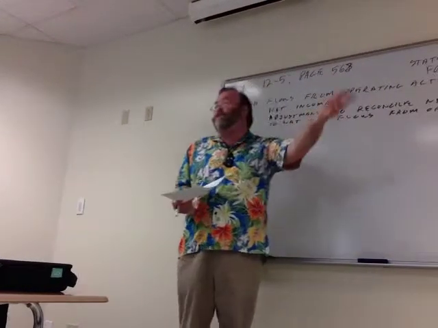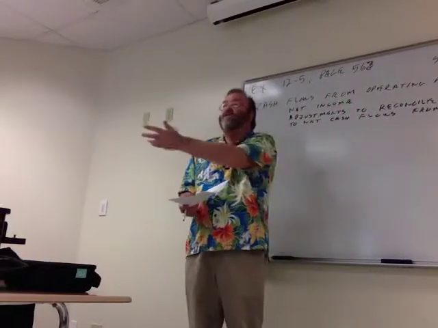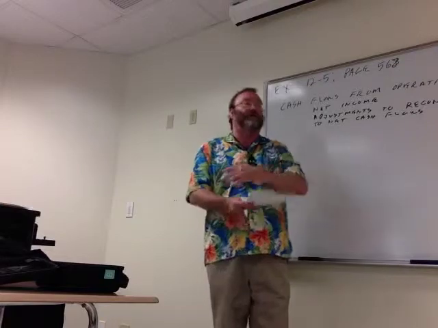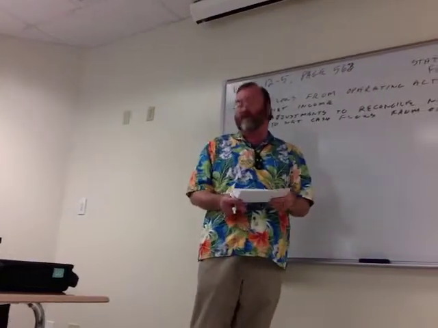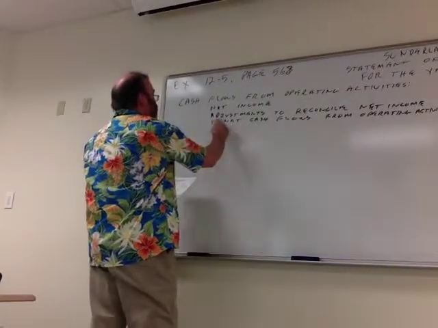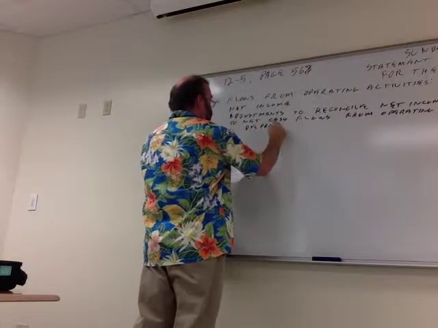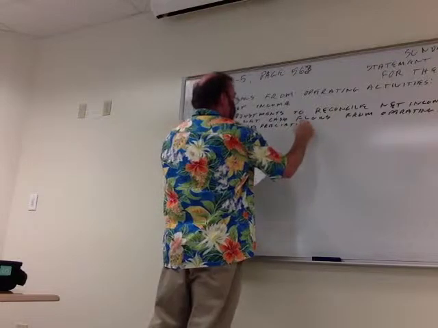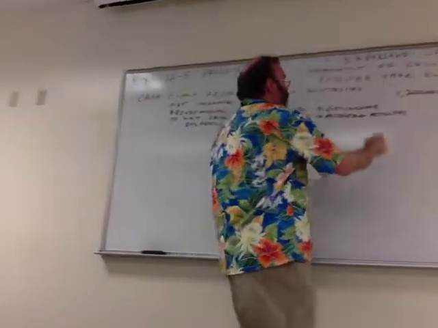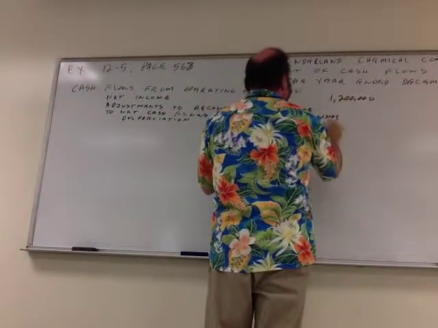The journal entry at year end or month end is just the debit to depreciation expense and the credit to accumulated depreciation. There is no cash involved. So we're going to add back depreciation, $820,000.